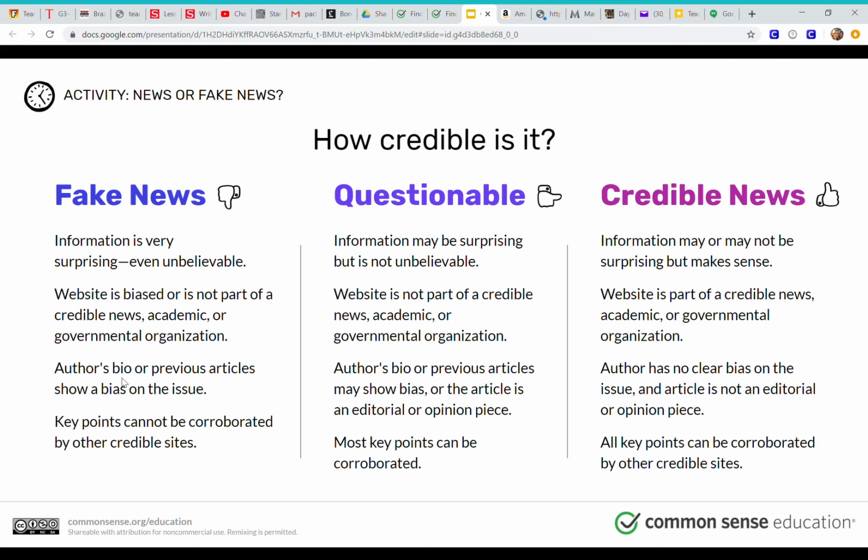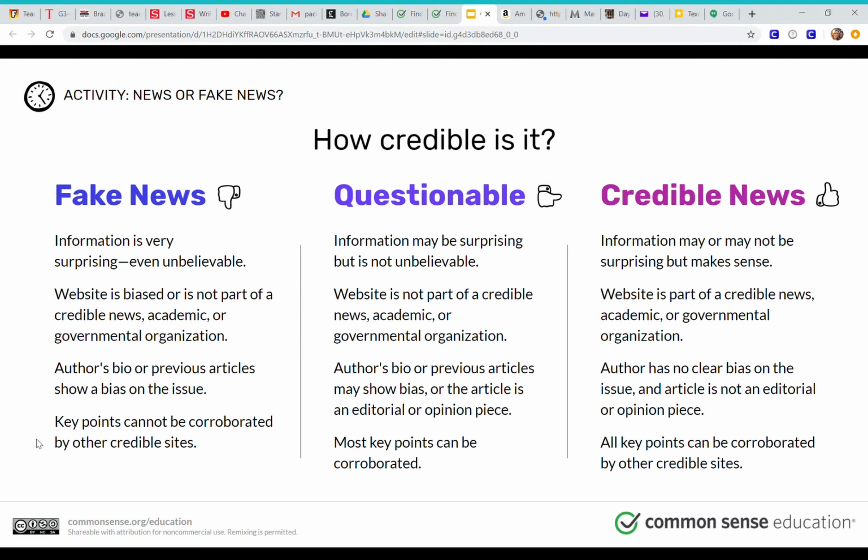Okay? If the guy says that he's biased and he thinks that the Cowboys are the greatest team ever, then everything he writes about other sports teams is probably not going to be very reliable, right? Because he's biased. He favors one over the other, so we don't want to listen to what he has to say about all the others.